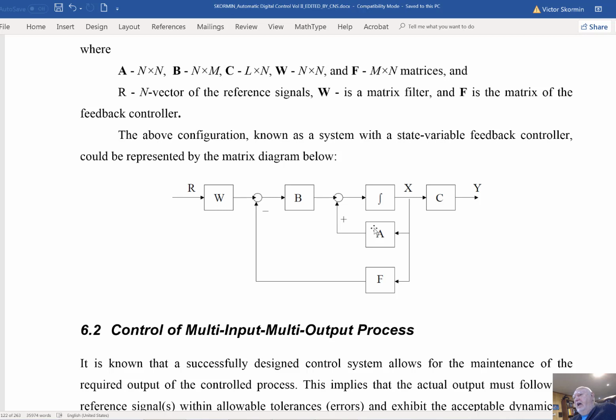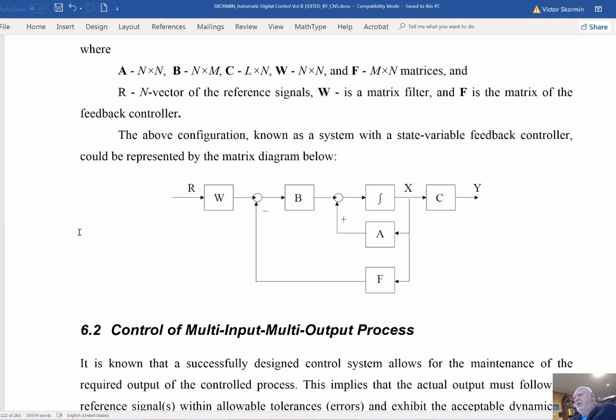And again, I want to assume that the number of control efforts would be equal to the number of controlled variables. And if we look at the system as a whole, then the number of reference inputs should be equal to the number of controlled variables.